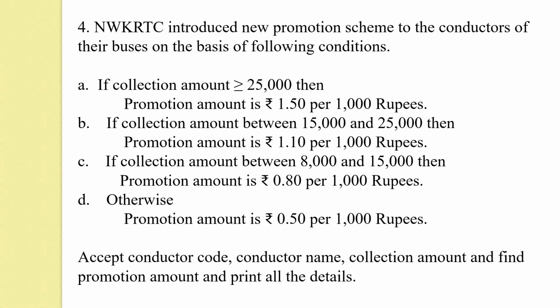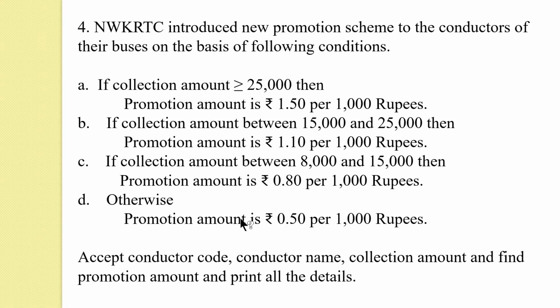Coming to the second condition, if the collection amount is between 15,000 and 25,000, then the promotion amount is 1 rupee 10 paisa per 1000 rupees. Coming to the third condition, if the collection amount is between 8,000 and 15,000, then the promotion amount is 80 paisa per 1000 rupees.